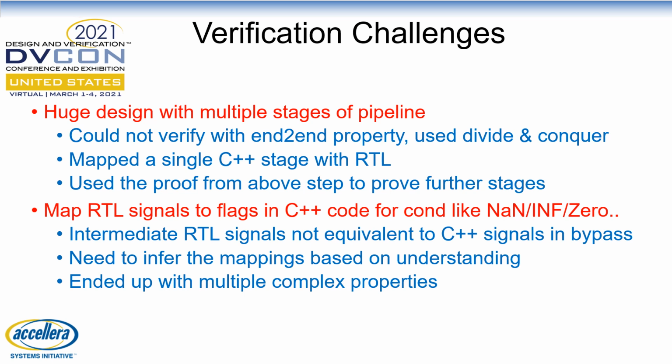So we had to figure out those bypass cases on conditions like NaN, infinity, 0, and then figure out those flags which we were supposed to map for those particular C++ and RTL values. Then we needed to infer the mappings based on the understanding of these bypass cases, which ended up with multiple complex properties.